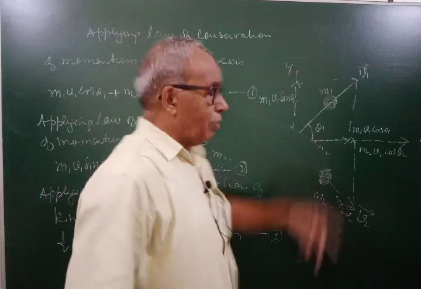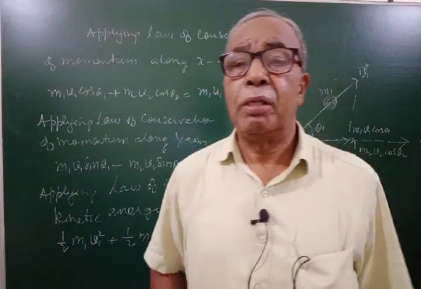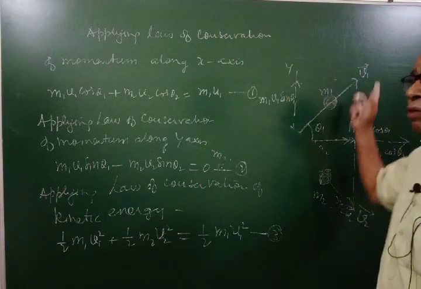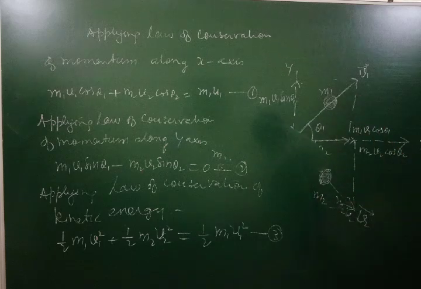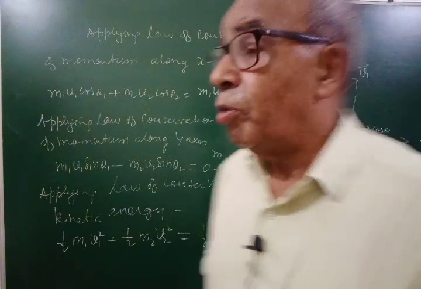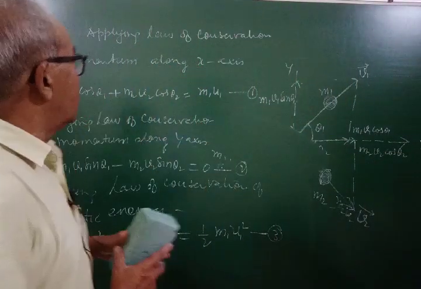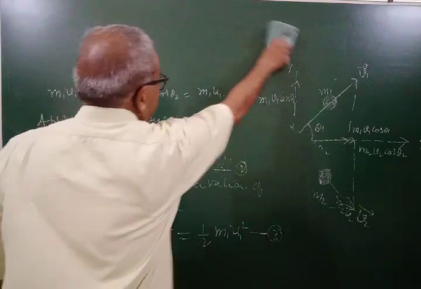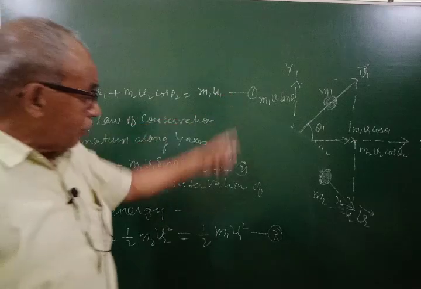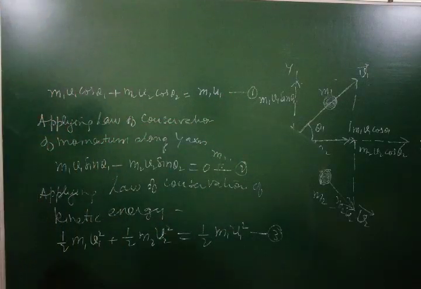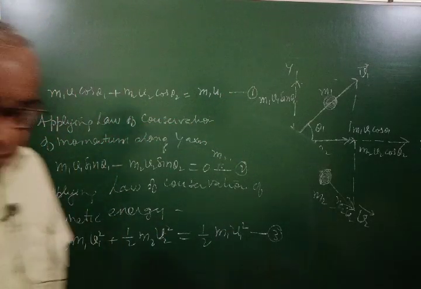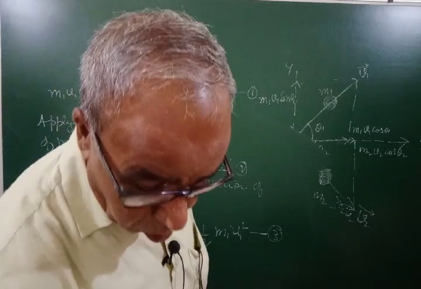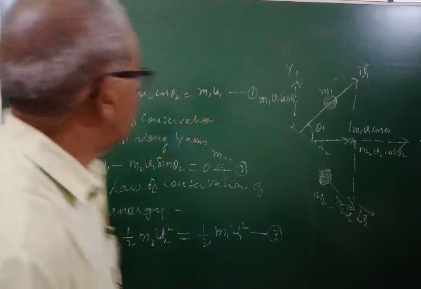After collision we get four quantities: v1, v2, theta 1, theta 2. If all four quantities after collision are unknown, then we can't solve these three equations, because as many unknowns as there are, the same number of equations should be there.